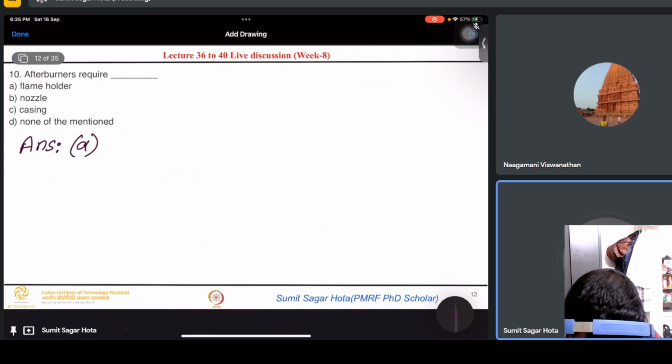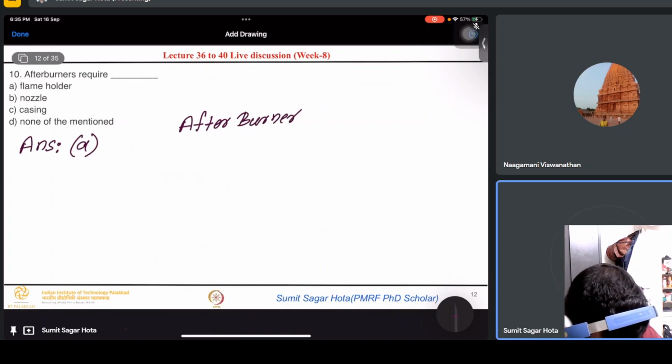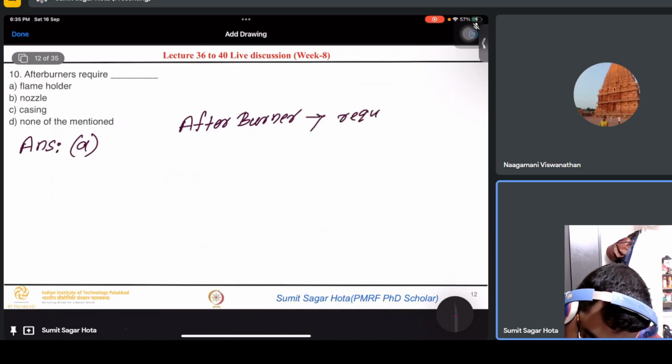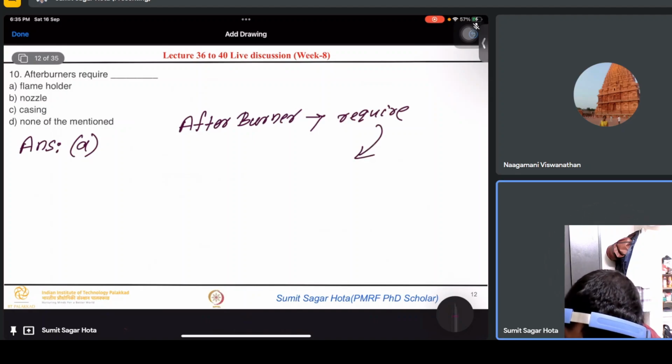Okay, why this flame holder? Let's see. Afterburner requires a flame holder. Okay, and why?